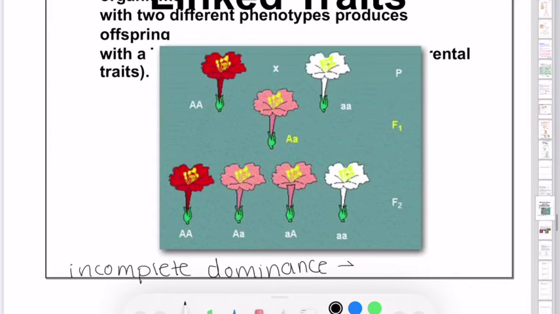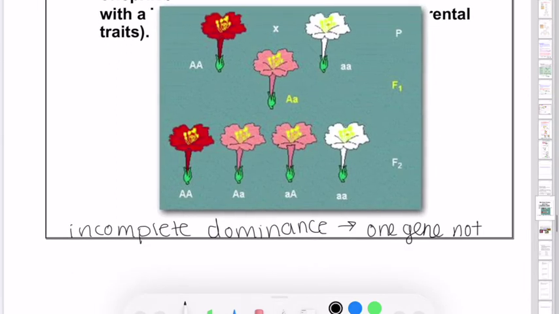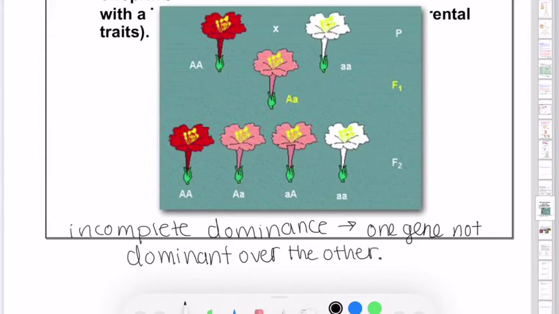One gene isn't dominant over other. And in the case of these flowers, red is not dominant over white. They both have incomplete dominance, or they both are at the same level. So then we end up with plants that are pink.